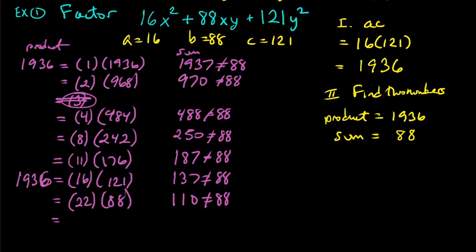So 26, 27, 28, none of those work, so I'm just skipping those. 29 doesn't work. 30 doesn't work. 31 doesn't work. 32 doesn't work. 33 doesn't work, because it's divisible by 3, right?